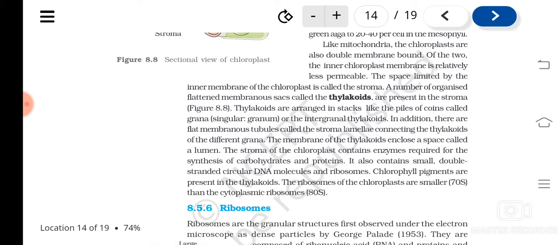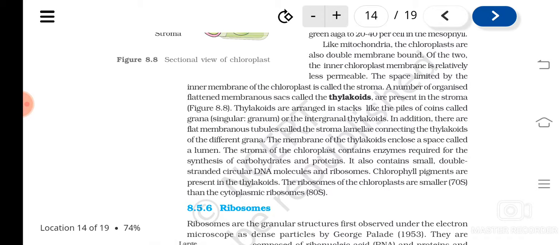Now photosynthesis takes place in two different phases. One is the light phase and the other is the dark phase. The light reaction takes place in the grana because the pigments are present in the thylakoids, not in the stroma. That is the site of the light reaction.